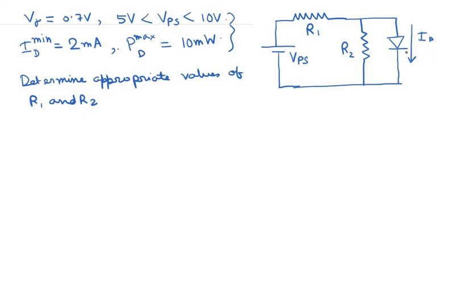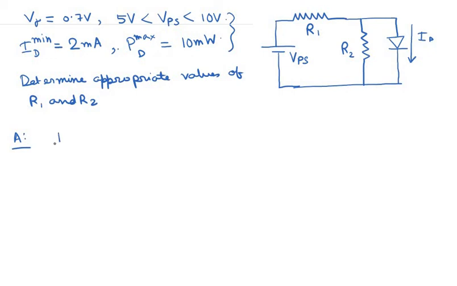So it is asked that this diode should actually be kept on, and the minimum current that is required to flow through this diode is basically ID min equal to 2 milliamperes. Okay, and the maximum power dissipation through the diode is 10 milliwatts. Now since the voltage across this diode is approximately equal to V gamma, we can therefore find out the maximum current that is allowed to flow through the diode.